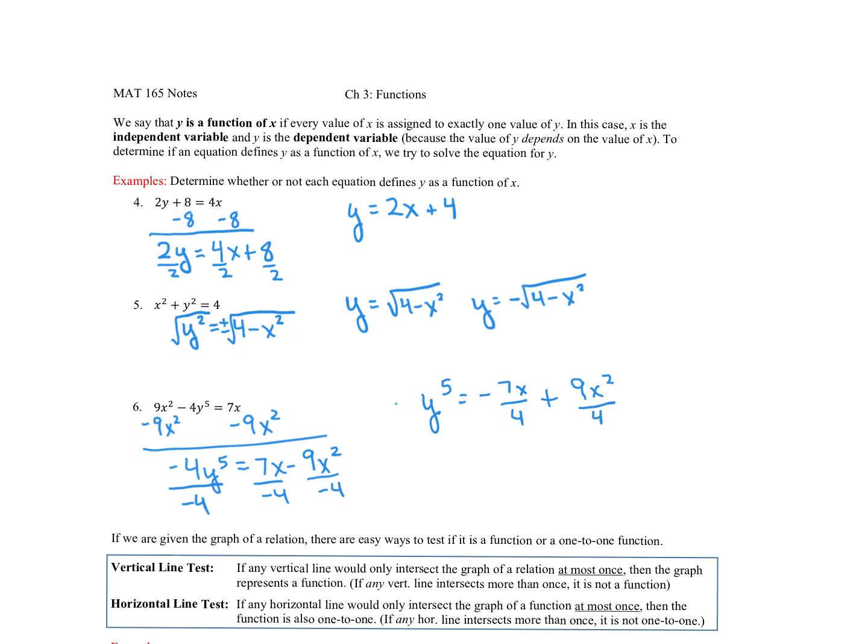And then we'll take the 5th root of both sides to isolate the y variable.